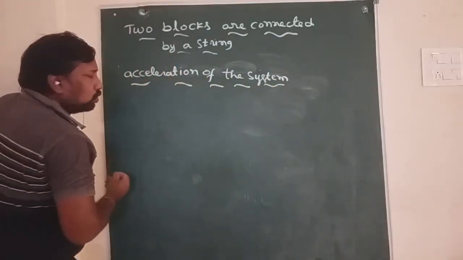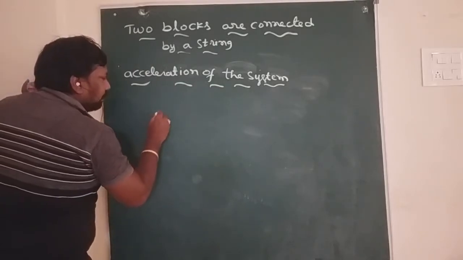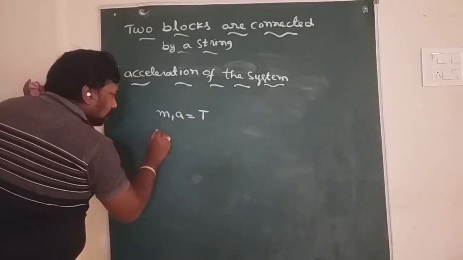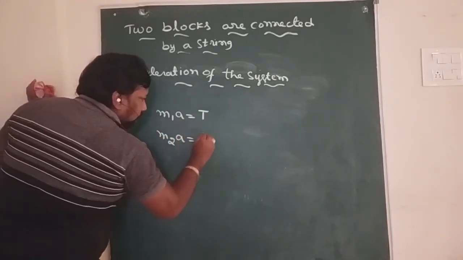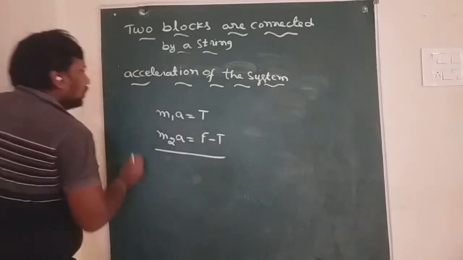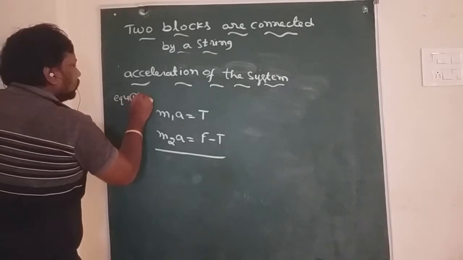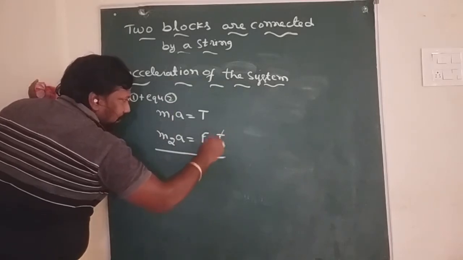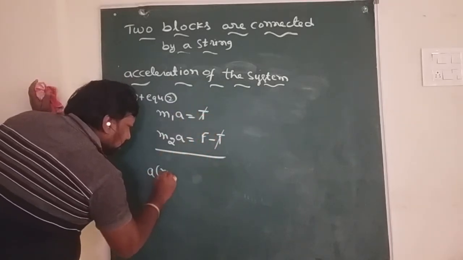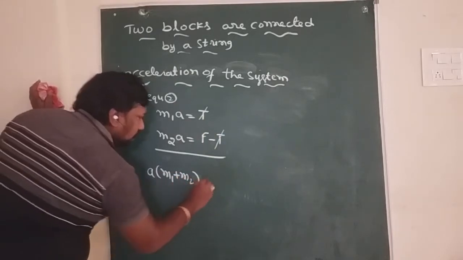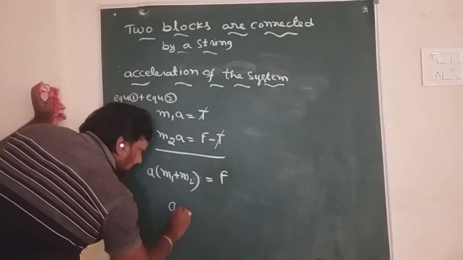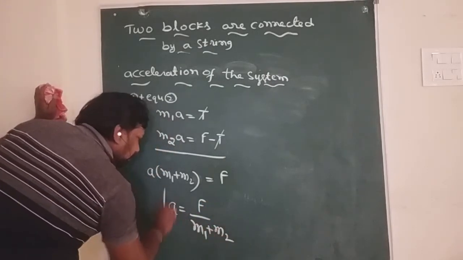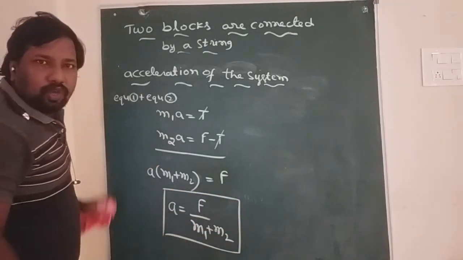Equation number 1 is M1A equal to T. Equation number 2 is M2A equal to F minus T. Adding equation 1 and equation 2, minus T plus T cancel, and we get A into M1 plus M2 equal to F. Therefore acceleration A equal to F by M1 plus M2. So this is the acceleration of this system.